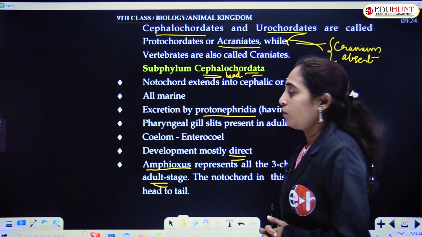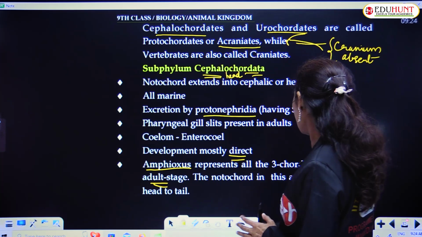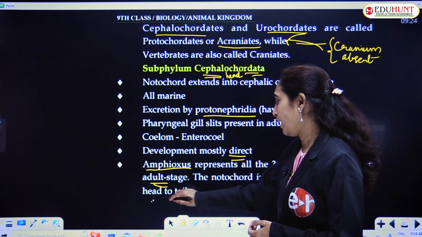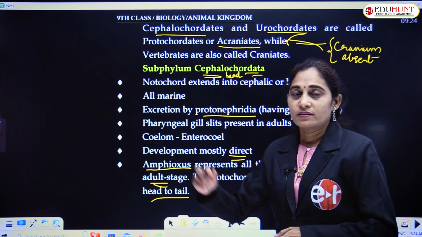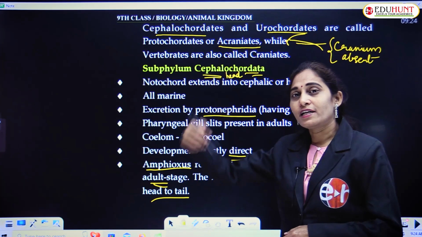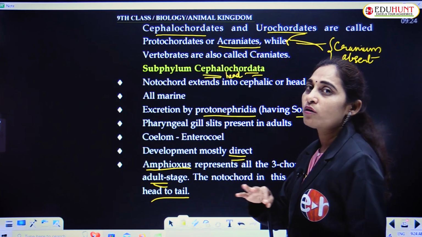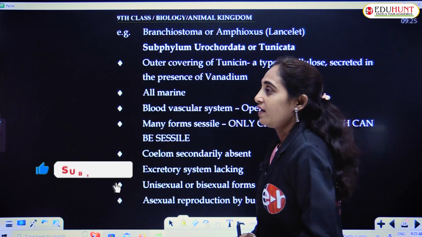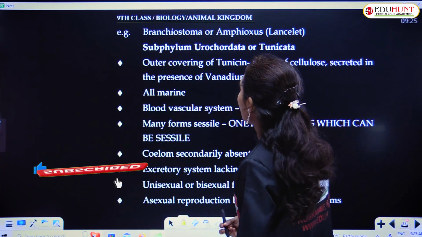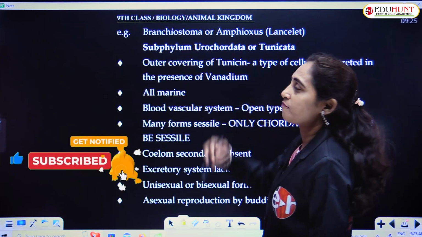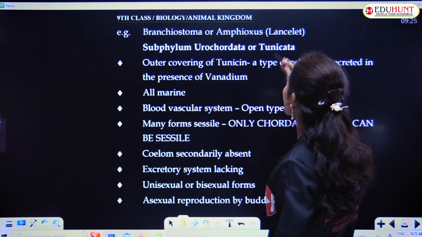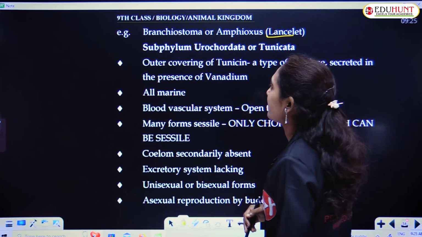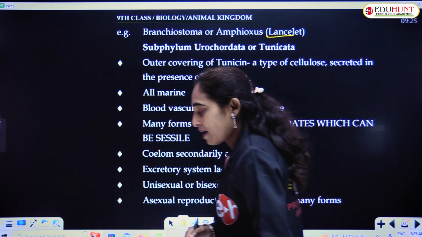The notochord in these animals extends from head to tail, right from the anterior to posterior throughout the body. Example, Branchiostoma or Amphioxus. Amphioxus is also called lancelet.